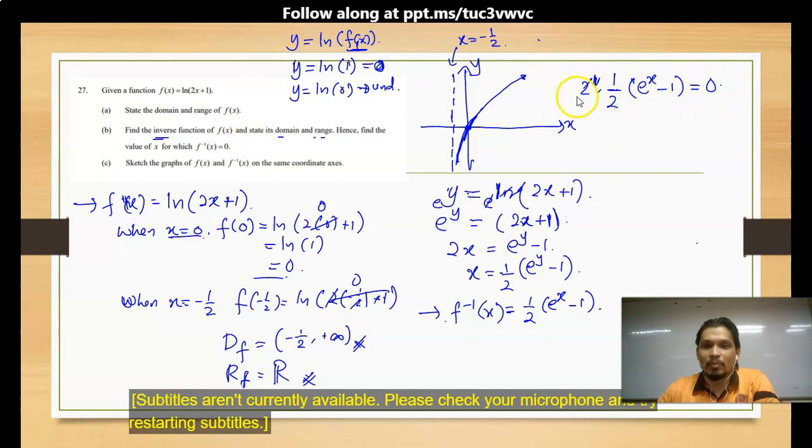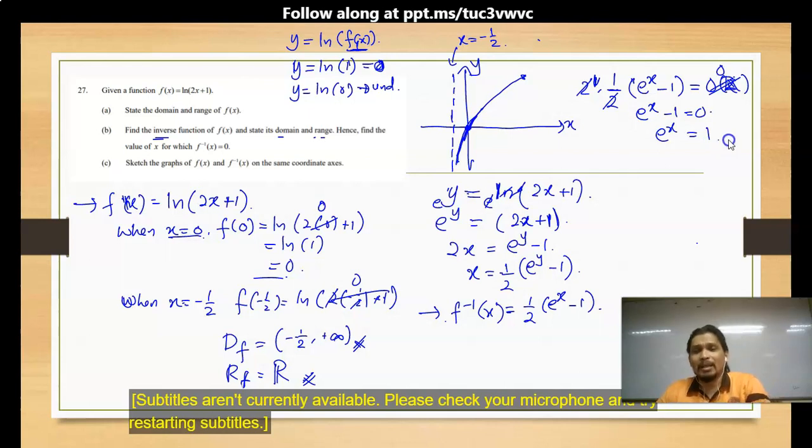Multiply with 2 here and multiply with 2 here; multiply with 2 still gives us 0. Then e to the power of x minus 1 equals 0. Then e to the power of x equals 1.